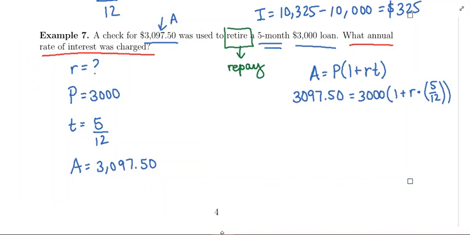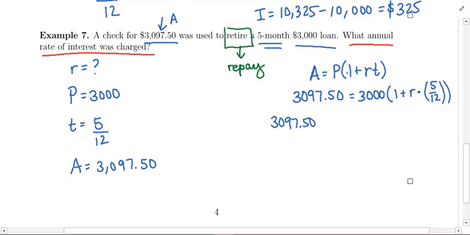You want to solve for R, and the problem with the R is that it is inside the parentheses here. So there's a couple of ways you can approach this because you need to get the R by itself. If you notice, the 3,000 is multiplied by everything in parentheses, so I'm going to leave the left side alone and start off by distributing.